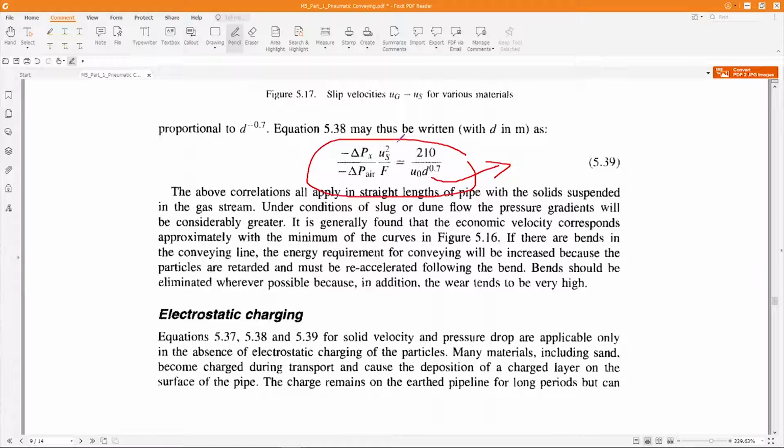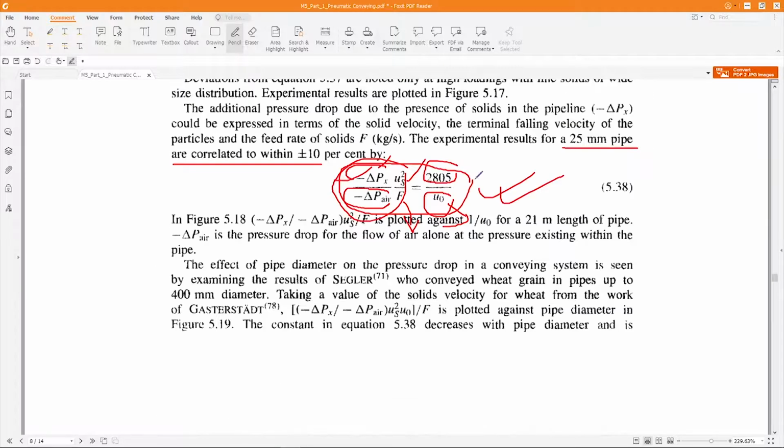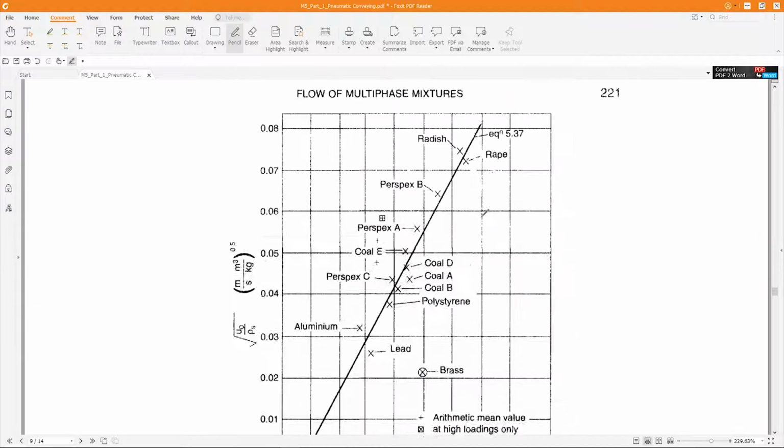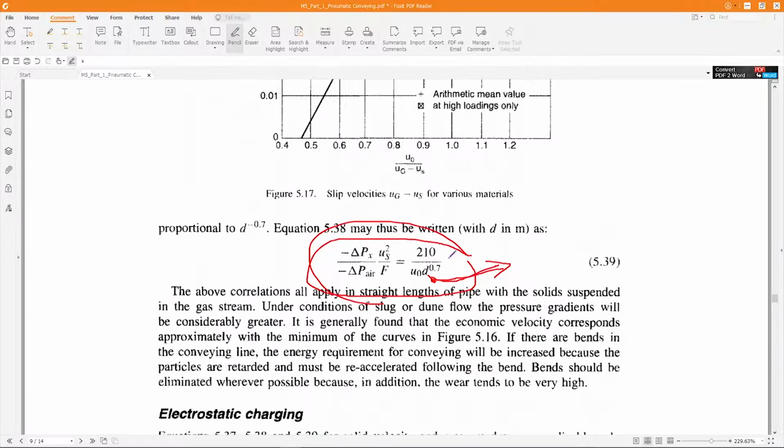This is the pressure drop variation with respect to the diameter. Earlier, in this equation the diameter was fixed at 25 mm, so we don't have diameter variation here. But if you want to calculate the pressure drop for different diameters, you can use this equation, because this d is the diameter of the pipe.